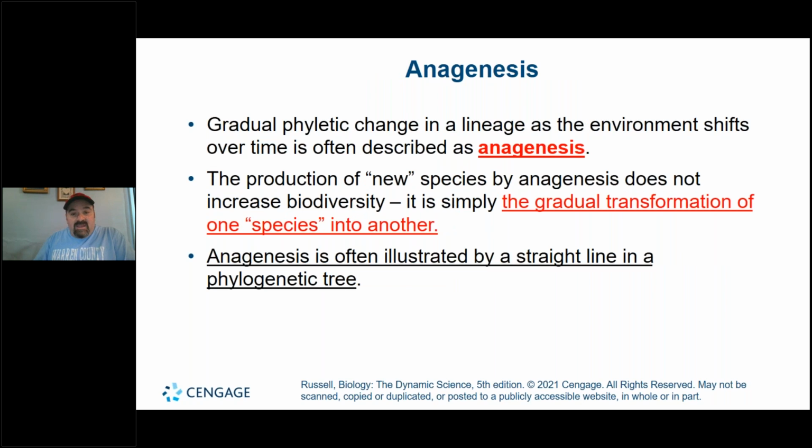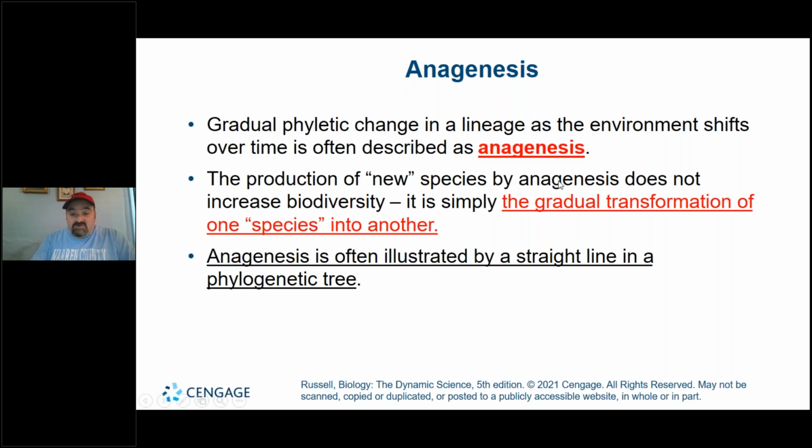The term anagenesis, okay? So gradual change, right? Evolutionary change in the lineage as the environment shifts over time, described as anagenesis. And this is quite interesting because when you study evolutionary theory, they talk not only about the development of life on the planet, but also the environmental changes that occurred throughout the changes present in the world that we know today.